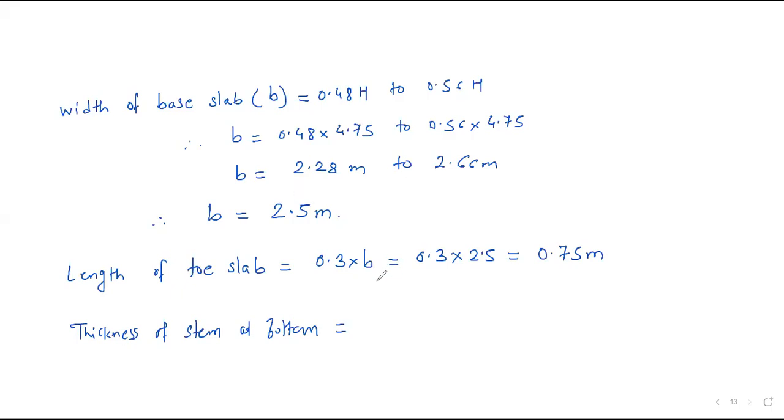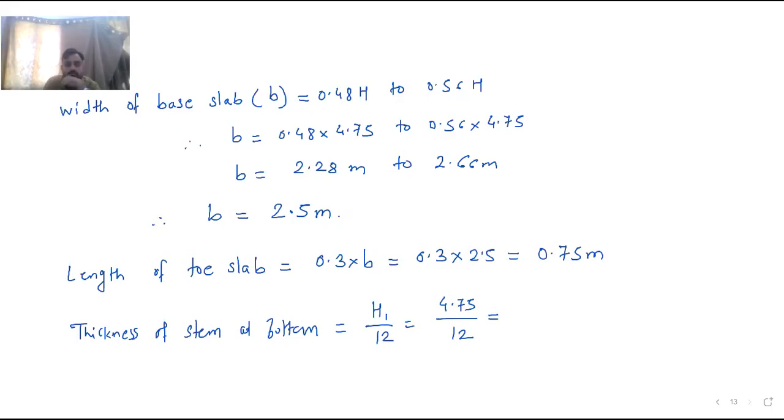So at bottom, which is equal to H1 by 12, equal to 4.75 by 12. How much is it? 0.395.